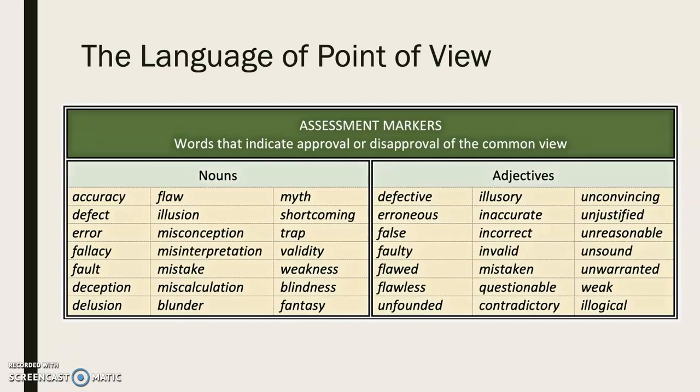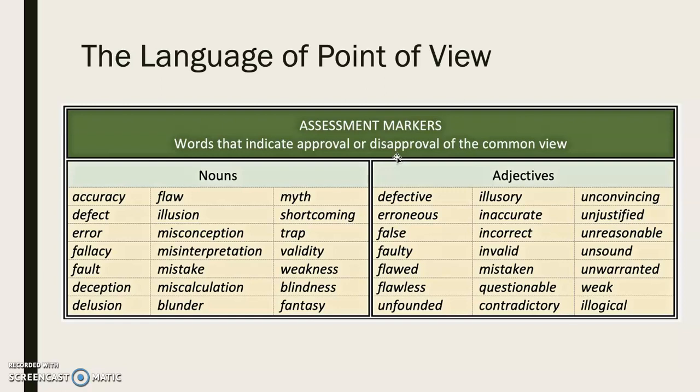And here are assessment markers. Assessment markers are words that indicate approval or disapproval of the common view. These are words that the writer could use to show that they agree, that would be approval, or they disagree, that would be disapproval.